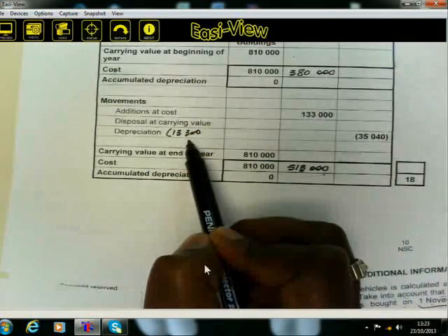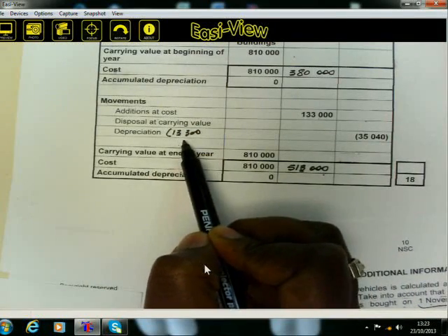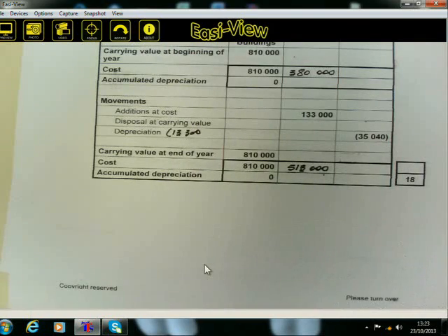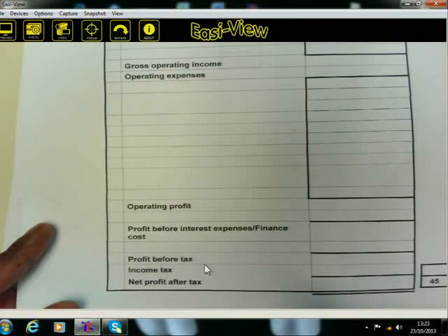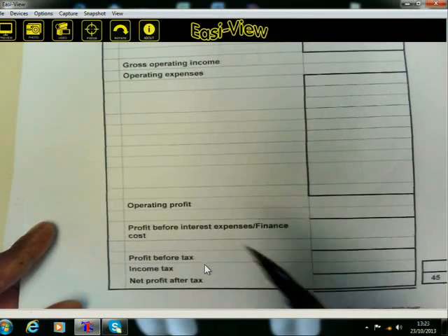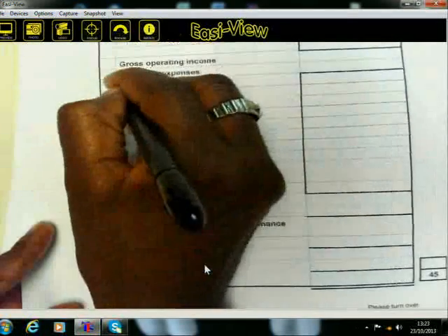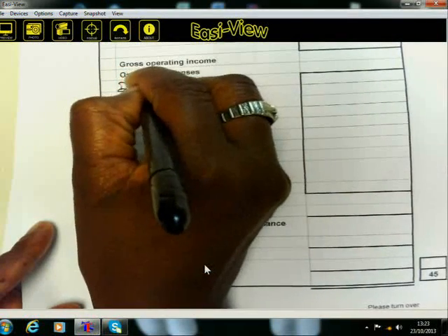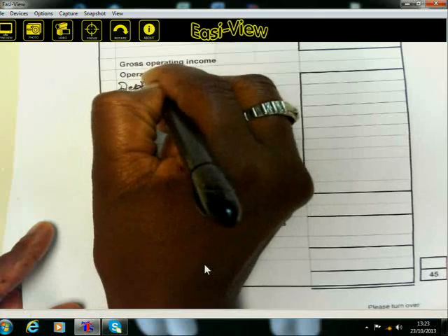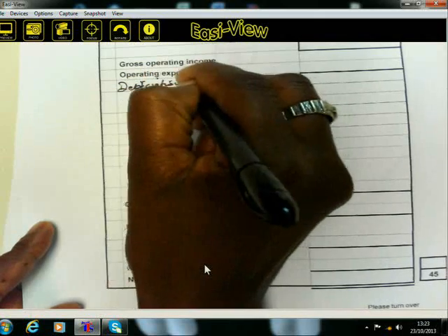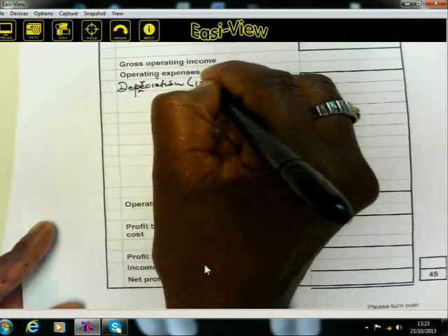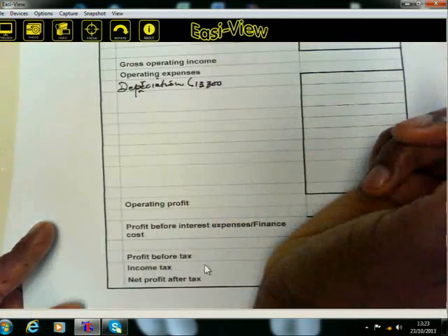Remember, this one is for the new vehicle. And then also, we are going to need the information in the income statement. That's why I said I'm going to do them simultaneously. So we have the depreciation. The first depreciation is for the new car which was purchased.